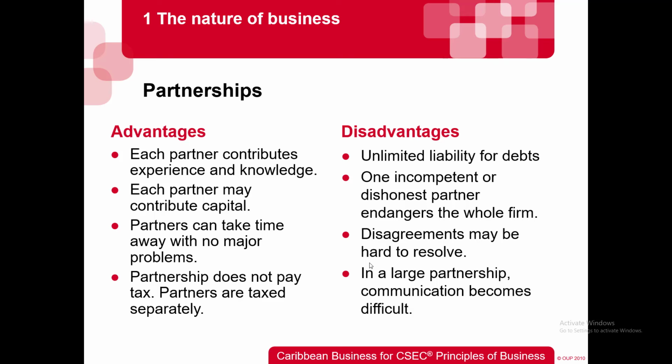But as the company and the partnership get bigger and bigger, communication tends to get more difficult. You might have separate offices, and many other things happen as the business gets larger that can affect communication.